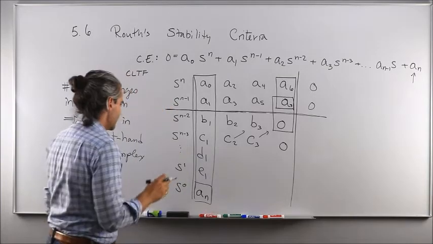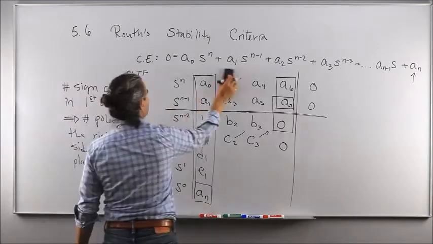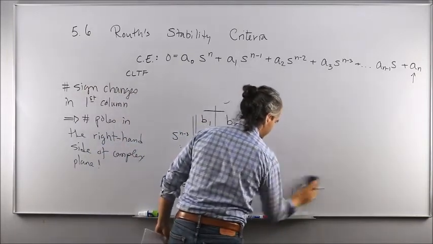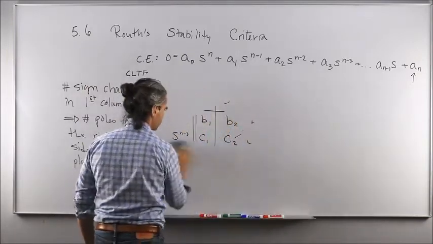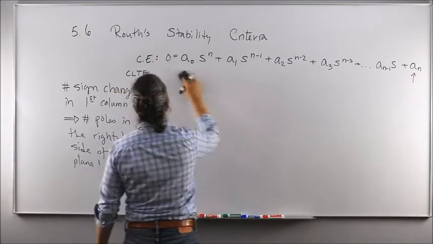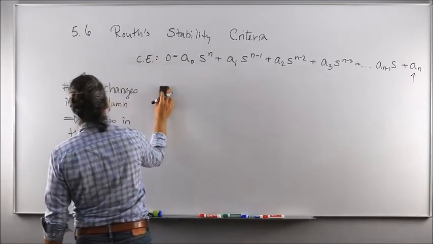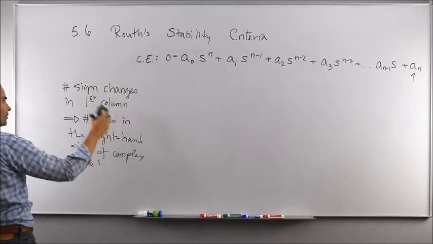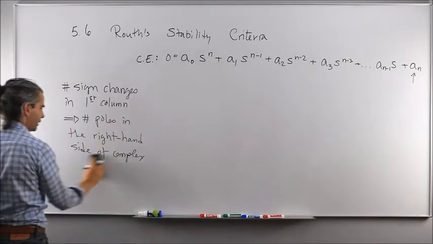So let's do a quick example with numbers to see how this can be applicable to a real situation. Okay? Number of sign changes in the first column, number of poles in the right-hand side of the complex plane.